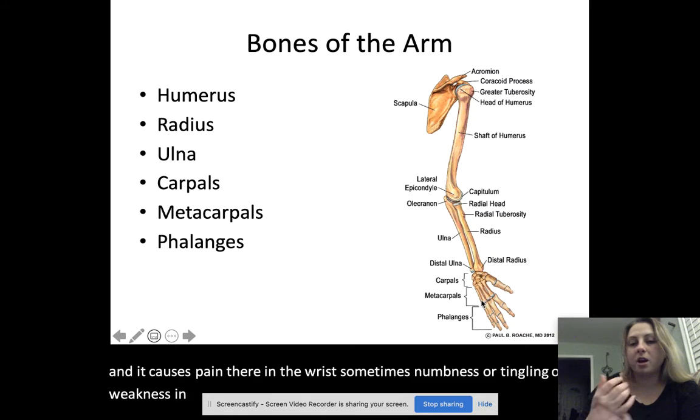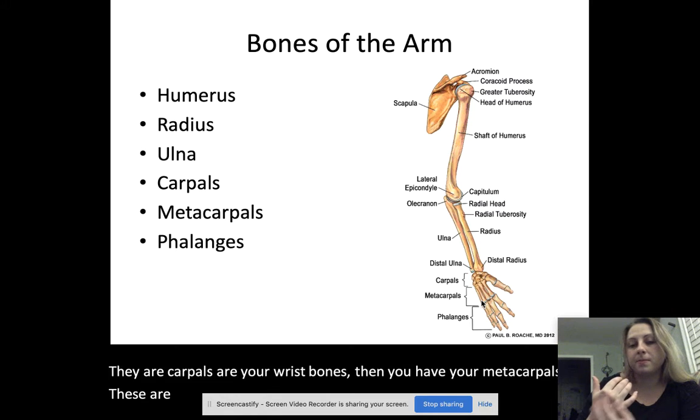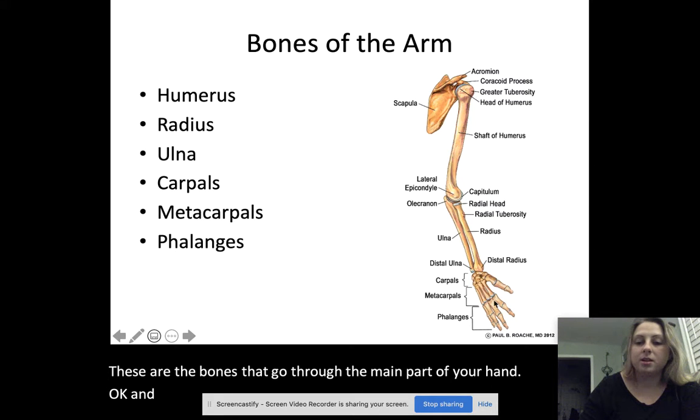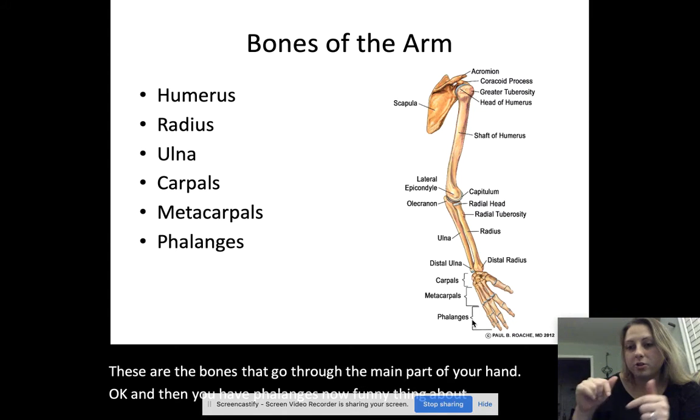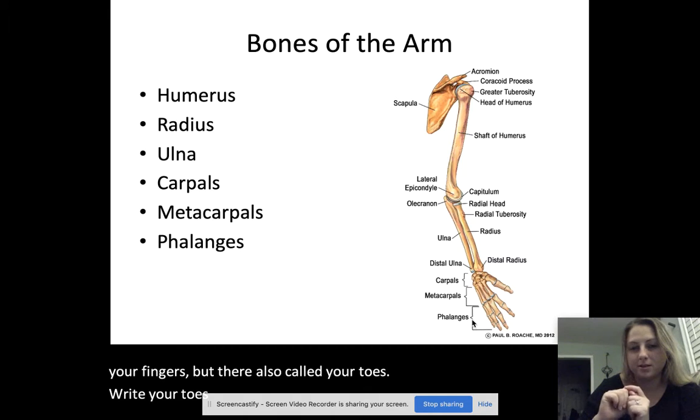Then you have your metacarpals. These are the bones that go through like the main part of your hand. And then you have phalanges. Now, funny thing about phalanges, they're your fingers, but they're also called your toes. Your toes are phalanges and your fingers are phalanges. Interesting.